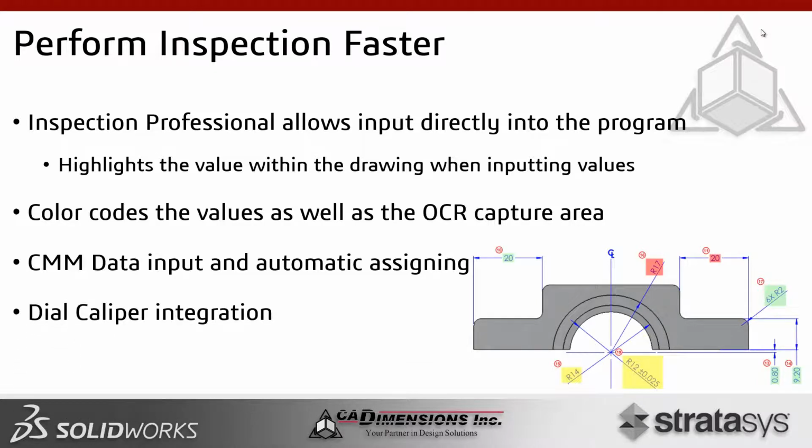Also, you have the dial caliper integration. If you have a dial caliper that hooks into your computer via USB or something like that, you can specify the value that you want, move your dial calipers on the part, and then hit the button and it automatically populates that value into the inspection software. And then it color codes and everything like that.